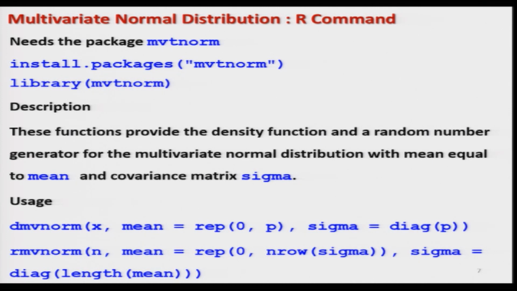But now I am more interested in how you are going to handle the bivariate or, in general, the multivariate normal distribution in R software. In order to handle it, we need a special package whose name is mvtnorm. So, you need to first install the package using the command install.packages, and within parentheses you have to write, within double quotes, mvtnorm, and then load it on your computer using the command library.